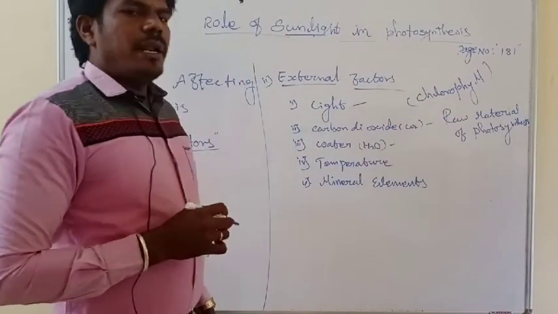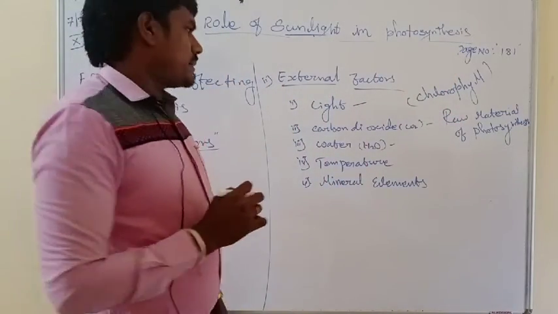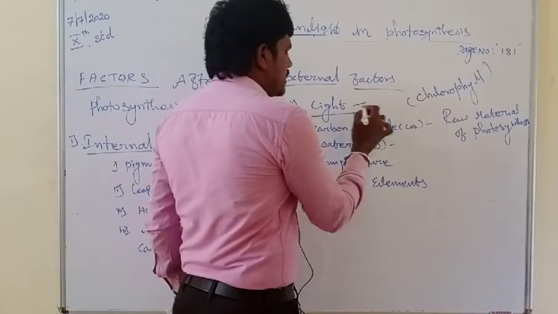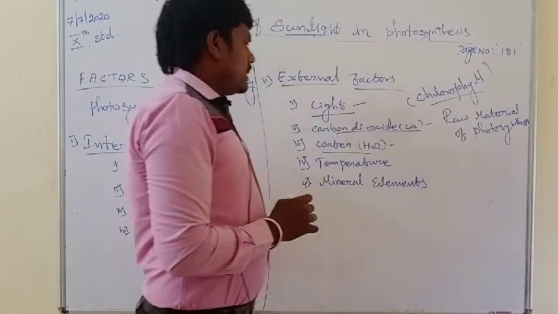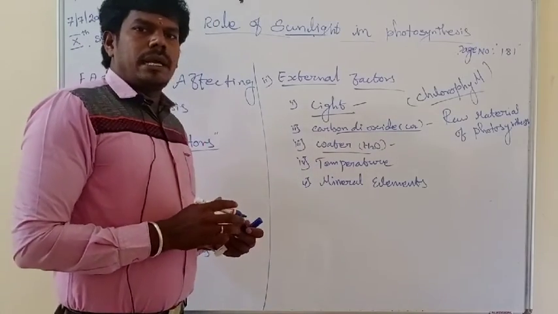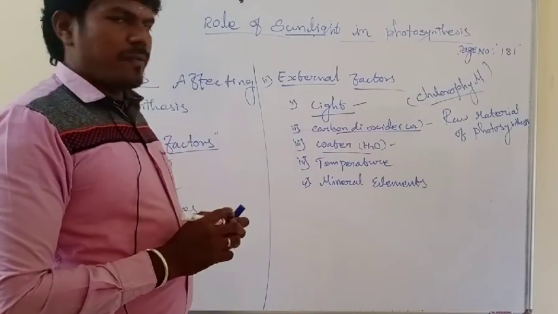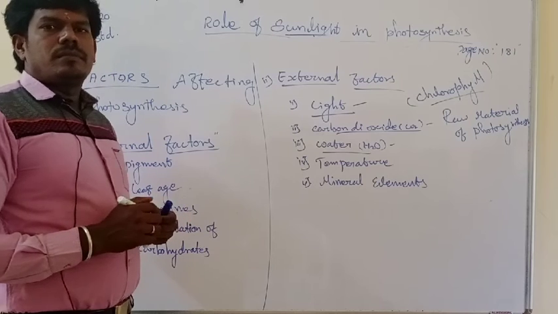So, what are the raw materials of photosynthesis? If anyone asks, you are right to answer: sunlight, water, carbon dioxide, and chlorophyll. If any one of these is missing, photosynthesis will be affected. Okay. Thank you.